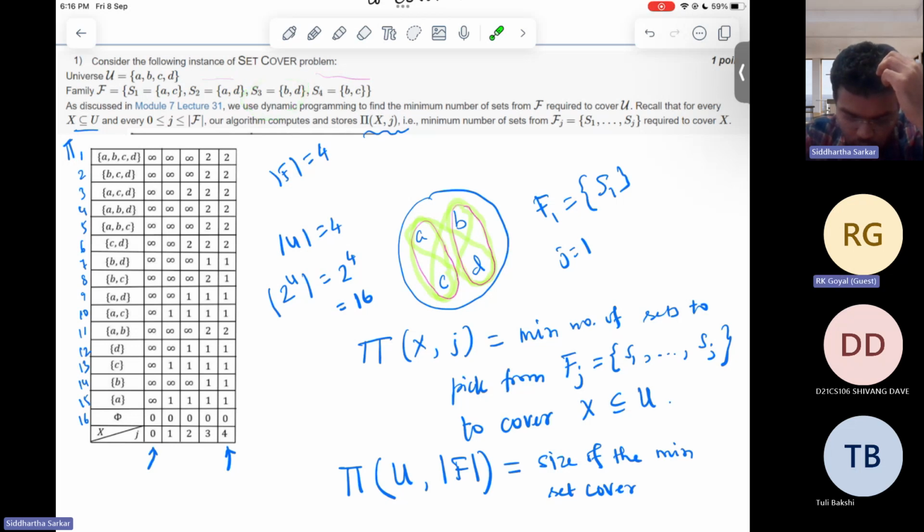Therefore, one subset out of S1, S2, S3 is sufficient to cover B.